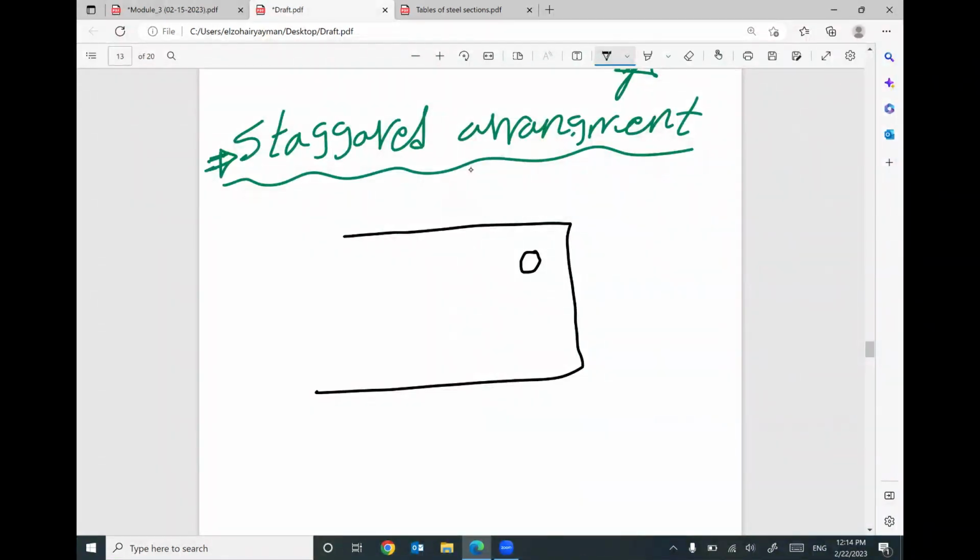It's staggered, not regular rows or columns. So I skipped this position and put a hole here. I skipped this position and I put a hole here. That makes sense? This is called staggered.